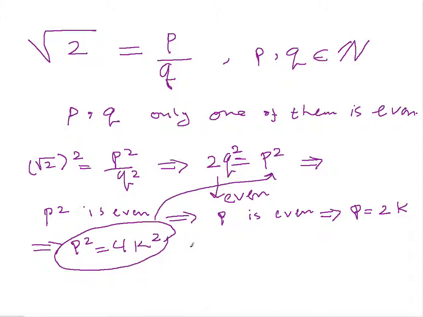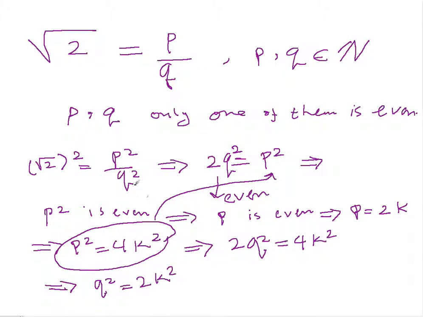So I'm just going to replace p² there. I conclude 2q² equal to 4k². Now I can simplify 2 from both sides. I get what? q² equal to 2k². Okay, that's great. I got q² is equal to 2k².